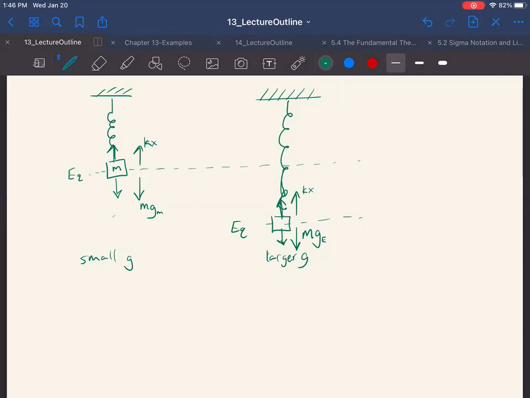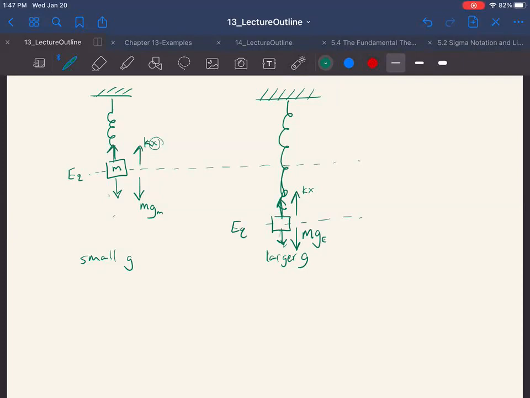If I pull it down 2 centimeters further, it's a delta x from there of 2 centimeters, which is that same amount of force. And it's a delta x here, a change of that same 2 centimeters. That force is proportional to that displacement. So it just changes where that equilibrium position is. It doesn't change how the spring acts when displaced the same amount from that new equilibrium position.